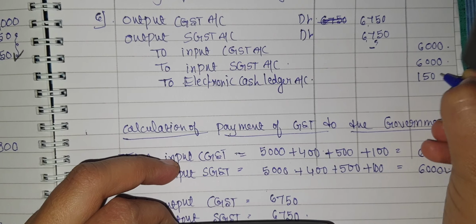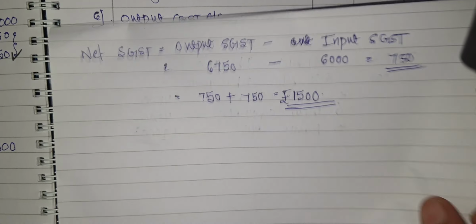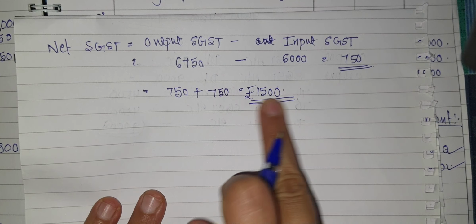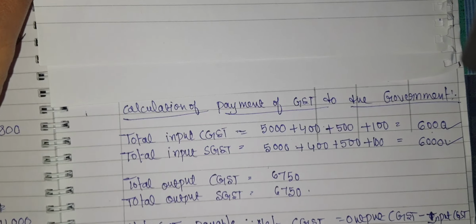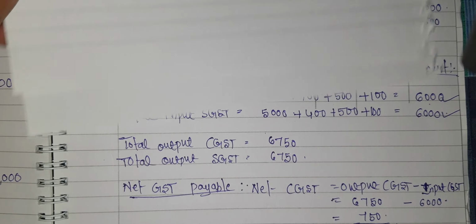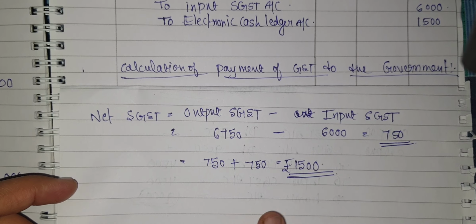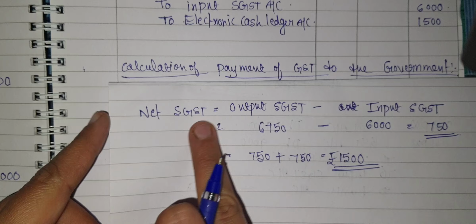See, here also we get rupees 1,500. This is the calculation of payment of GST to the government. This is the first part and this is the next one.